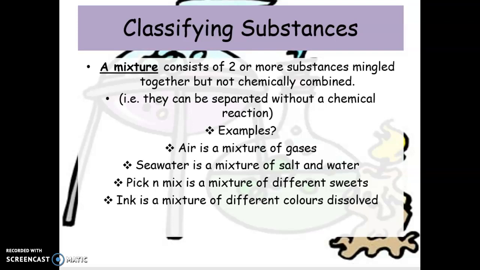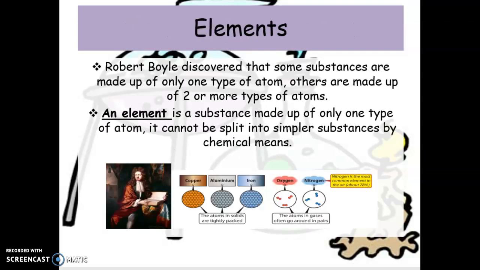So there are numerous different pure substances in there that when combined together make your mixture. Even something as simple in everyday life as pick and mix, you have a mixture of different types of sweets. Your ink in your blue pen, there's a number of different colours added together to get the blue ink. So they're all examples of mixtures which can be easily separated, and we're going to look later on at how we can do that in another chapter.